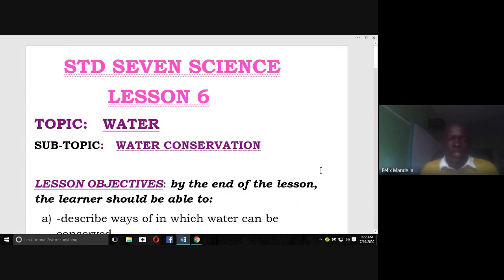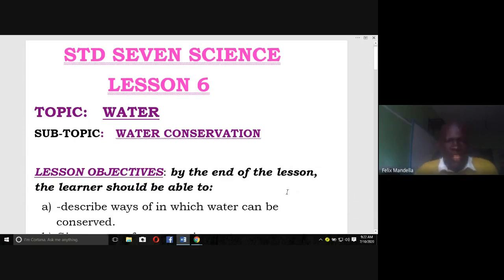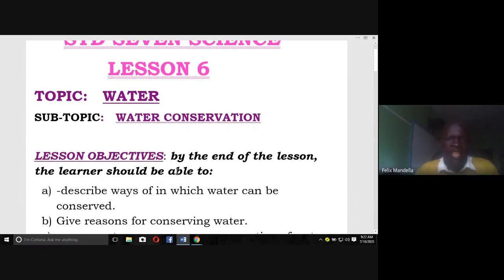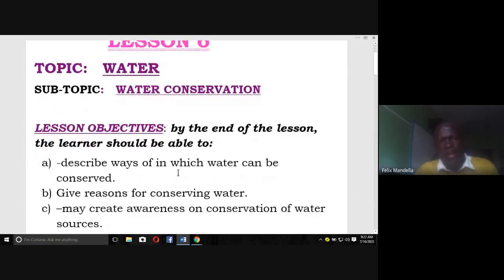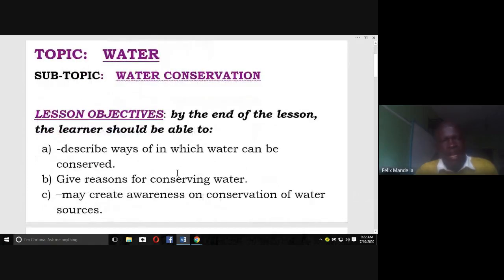So after that, we also came to look at conservation of water, where we discussed some of the ways of conserving water. And in this lesson, we want to proceed with the same subtopic because we want to discuss each and every way of conserving water one by one. So in this lesson, we are continuing with the subtopic, water conservation.